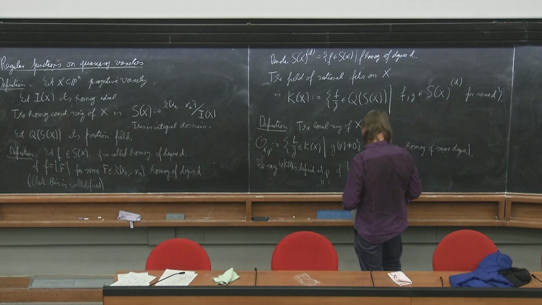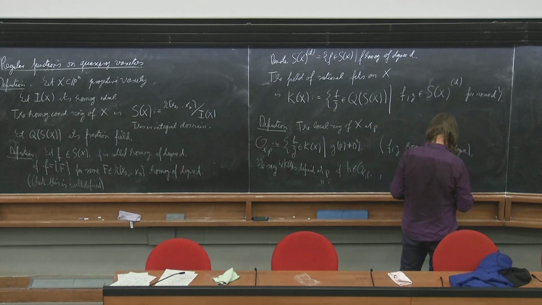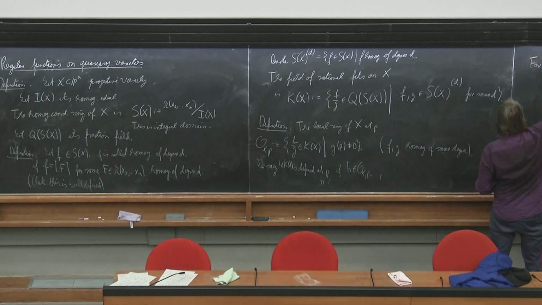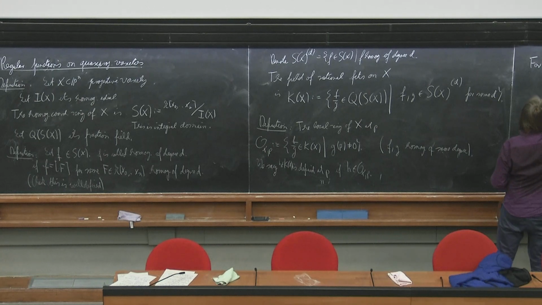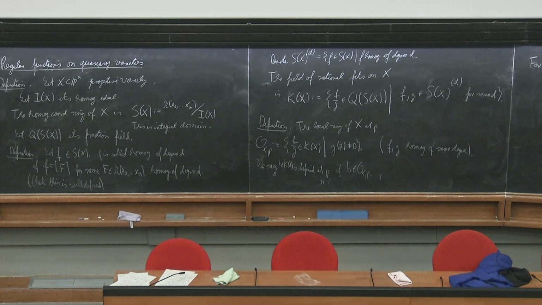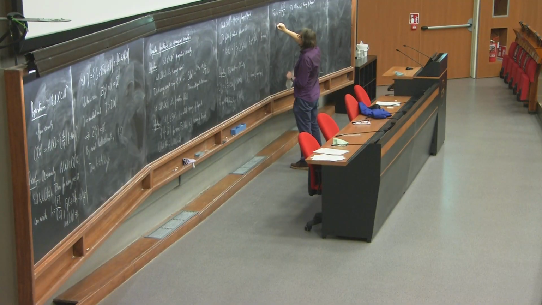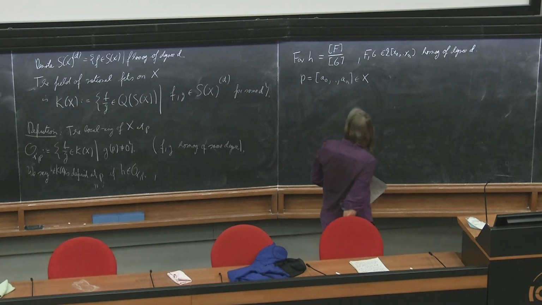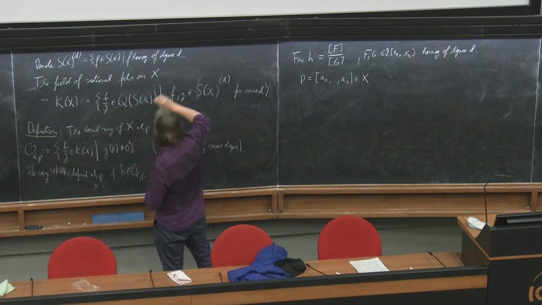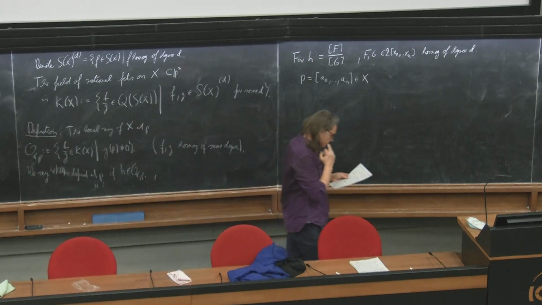So for H, which I can write, say, as f divided by g, where f and g are homogeneous of some degree, and P some point in X. So X was in P^n, at the beginning, but I can repeat it.